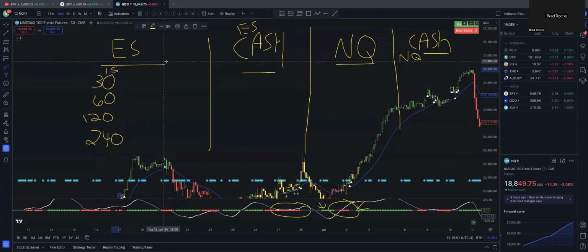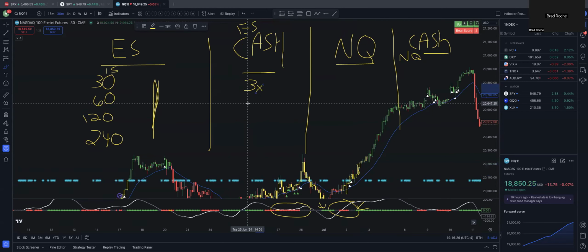Comparing this one right here, ES, the futures chart, to the cash, whether that's SPY, SPX, whatever you're looking at, this is the difference in return. When the squeeze fires off, counting the value from right there, the average return is 3 times bigger on the 15-minute chart.